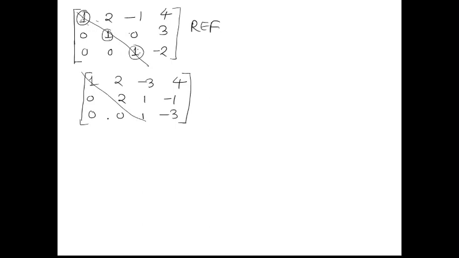Yes, it is. Does it have any 0 rows? No, so no question of checking whether they lie at the bottom. All rows are non-zero rows, so just check whether the first leading non-zero element is 1 or not.